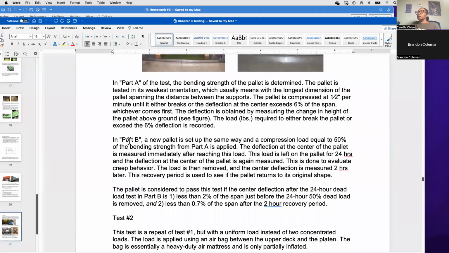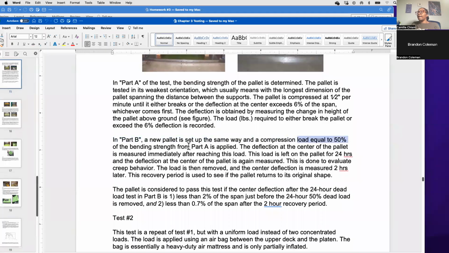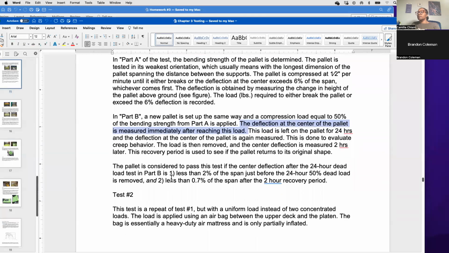Okay. So this talks about the compression load being equal to 50%. That's part of the question. And you apply that, and then your next part says deflection at the center of the pallet is measured immediately after reaching this load. Okay, the pallet is considered to pass this test if the center deflection after the 24-hour dead load test in part B is 1.